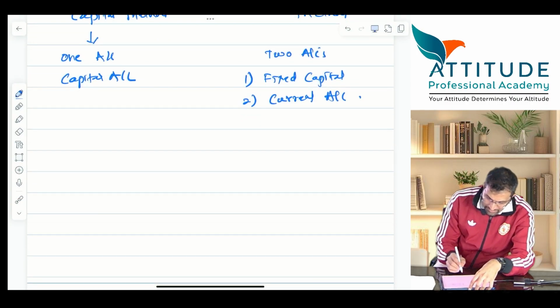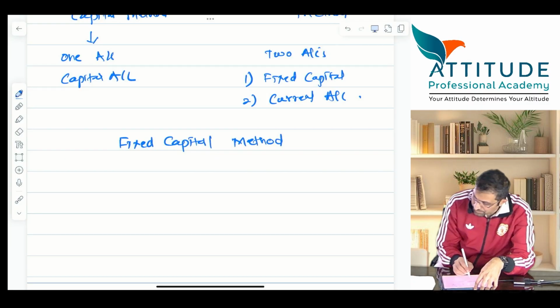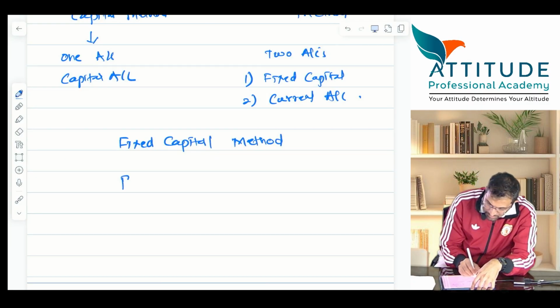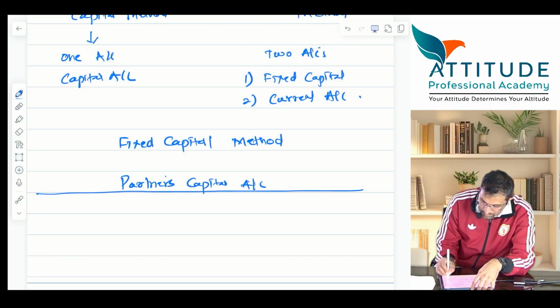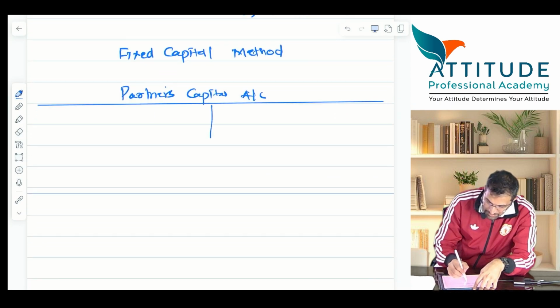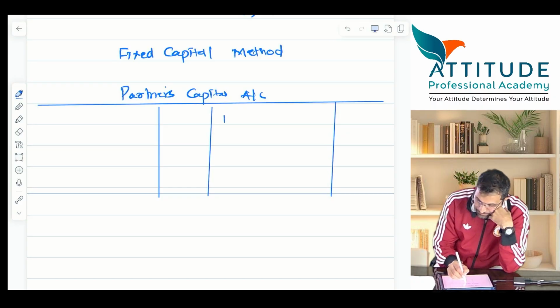Okay, so tell me, in fixed capital method, two accounts. हाँ, fixed capital method. Here one, the partners capital account. क्या क्या आएगा in fixed capital method? Partners capital account में क्या क्या आएगा? ओके, हाँ, tell me. By balance brought down.